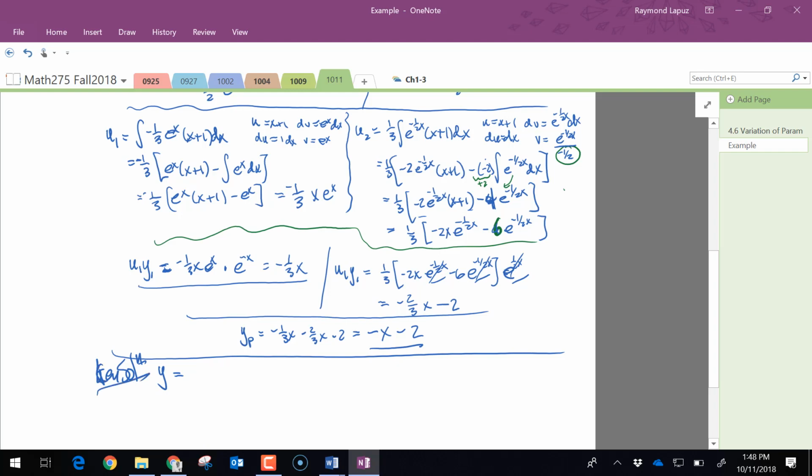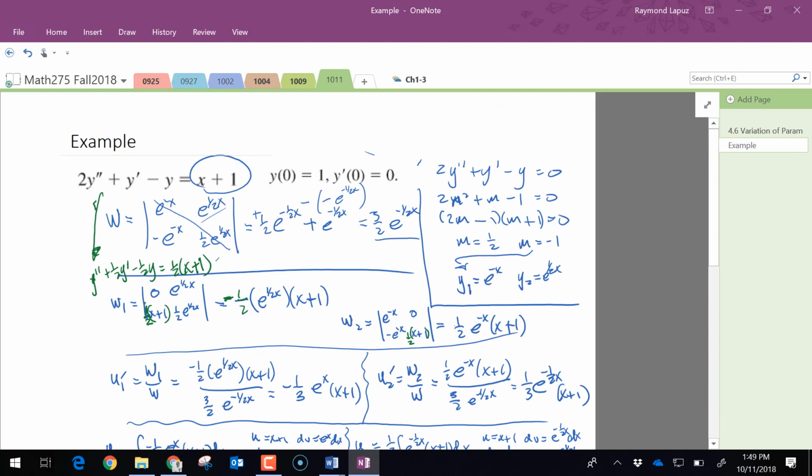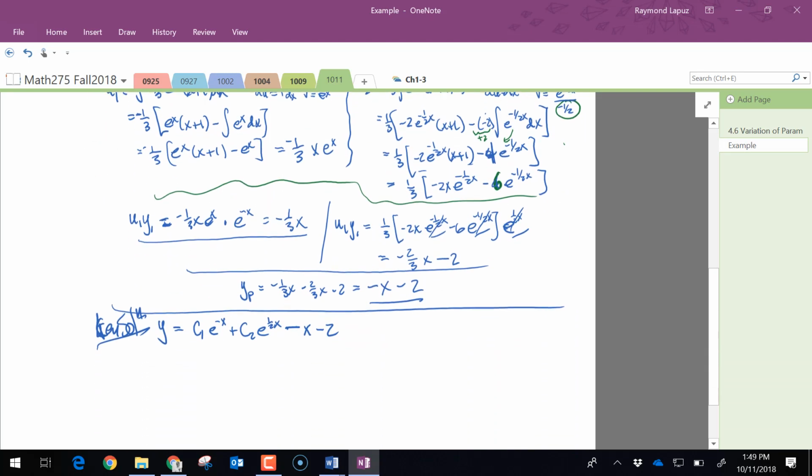So the general solution is C1 times e to the negative x plus C2 e to the 1/2 x minus 2, right? Now let's take our initial conditions with lots of zeros. That's nice.